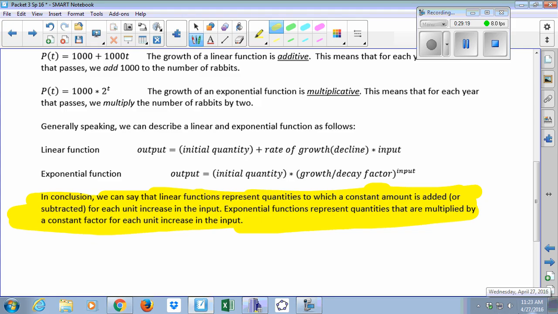Exponential functions represent quantities that are multiplied by a constant factor for each unit increase. And that's why we couldn't deal with the table above in the same way we could with the rabbits, because it wasn't an increase. Change in x wasn't 1, it was 5.